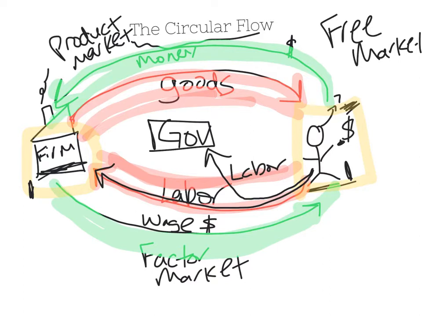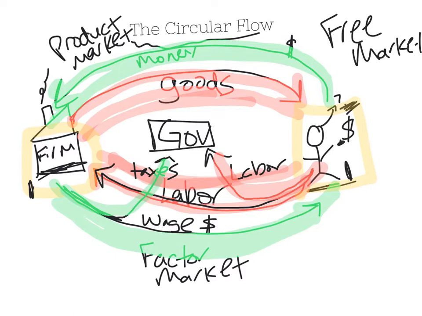And sometimes firms pay wages out to people, but also sometimes they pay, you could say in the form of taxes, to the government. So this would be taxes. This is still a green line because it's money, and this is still a red line because it is labor.